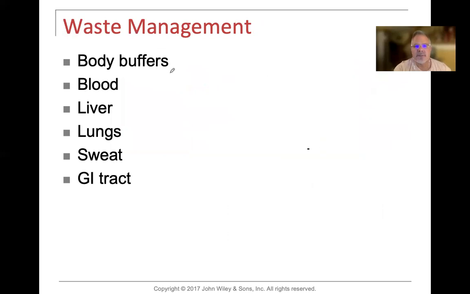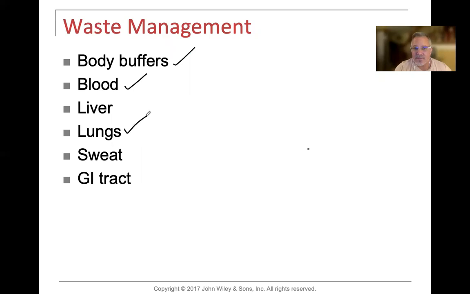Let's look at some of the buffering systems, or I should say waste management. How does the body get rid of some of its toxins? There are body buffers. The body uses blood, and it uses antigens and antibodies, and it uses white blood cells and neutrophils and monocytes and macrophages and basophils.